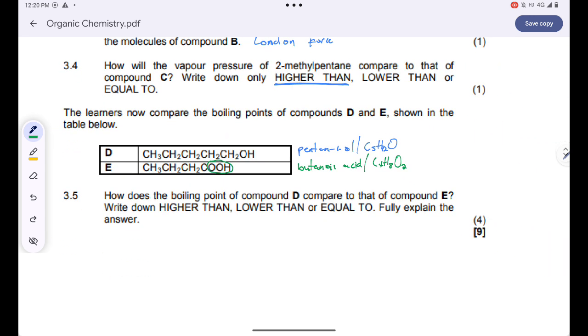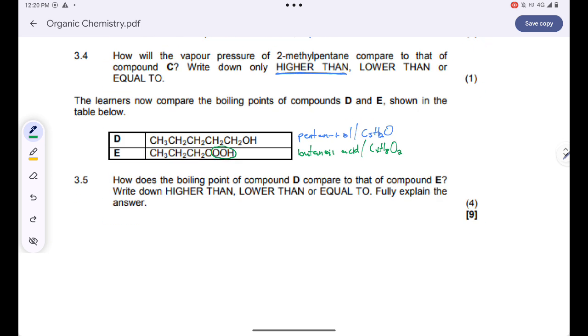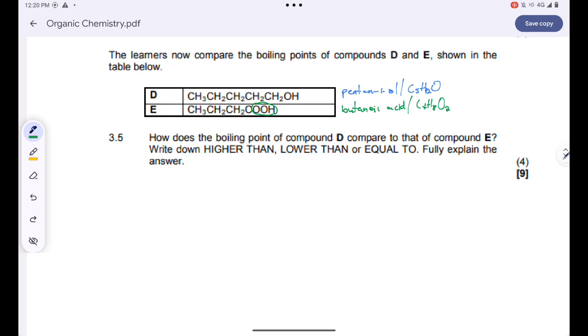What are we asked? How does the boiling point of compound D compare to that of compound E? Firstly, both molecules have hydrogen bonding between them.